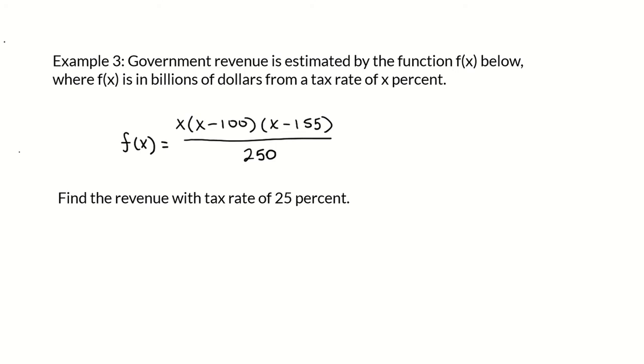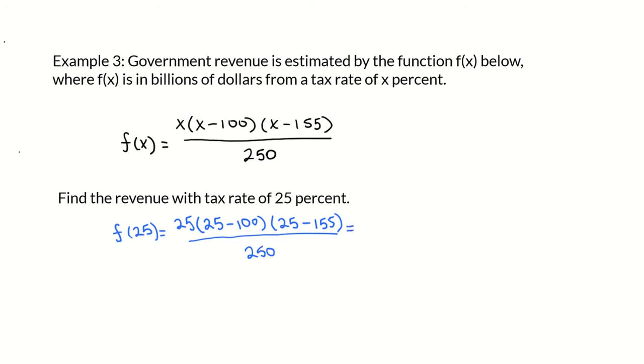So to find the revenue with that tax rate, we input 25 for x. So we find f of 25, which would be 25 times 25 minus 100 times 25 minus 155, all of that over 250.